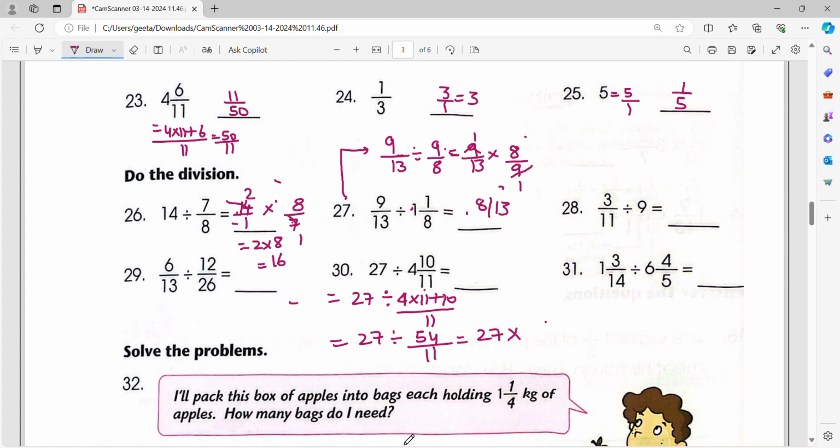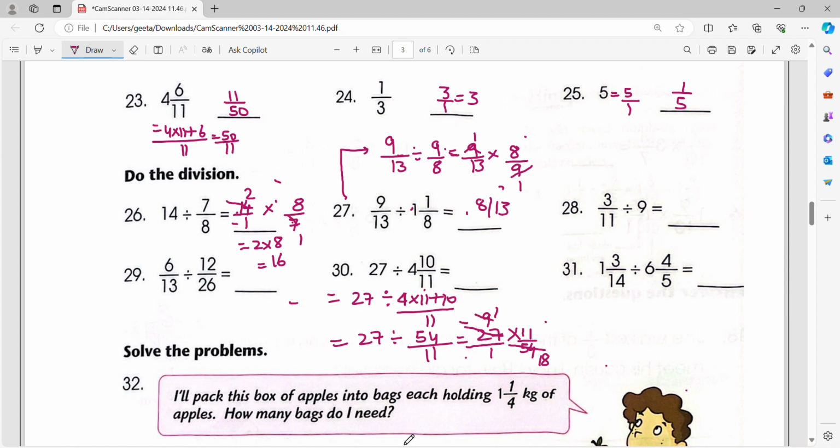54 over 11 will turn to 11 over 54. You have to make its reciprocal, no? And you know this 27 and 54 both are divisible by 3 first of all. Look, 27 you can write as 27 by 1. Check it. 3 nines are 27 and 3 eighteens are 54.